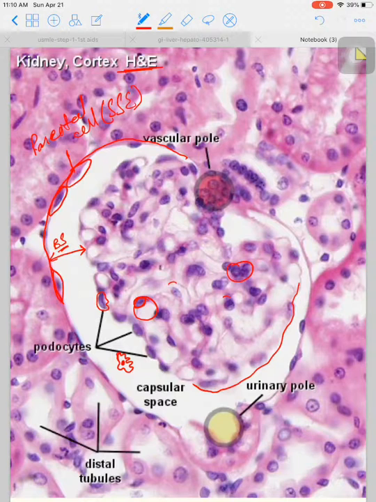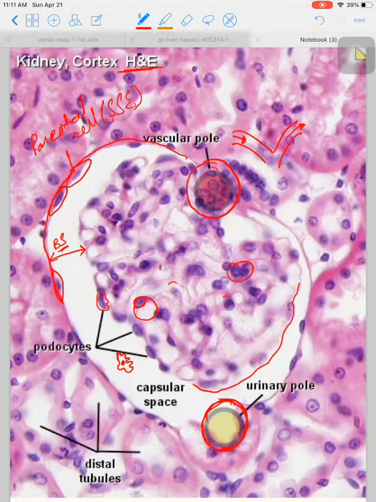In this image we have two more important structures, the vascular pole and the urinary pole. What is the vascular pole? The vascular pole is the point of entry for the afferent arteriole and exit for the efferent arteriole. Here the afferent arteriole enters and the efferent arteriole leaves. Opposite to the vascular pole we have the urinary pole, which is the point where the proximal convoluted tubule starts.